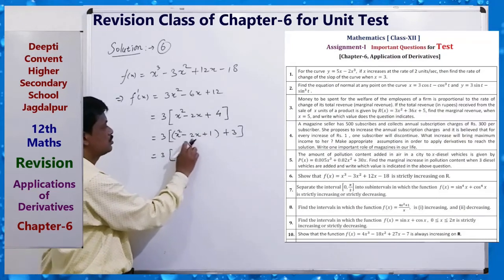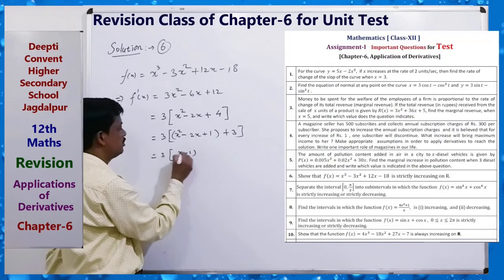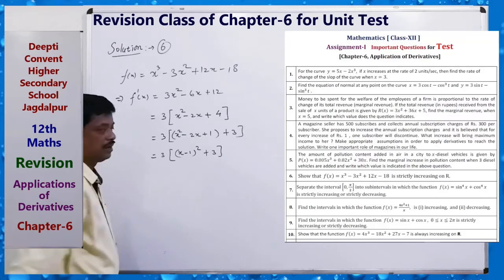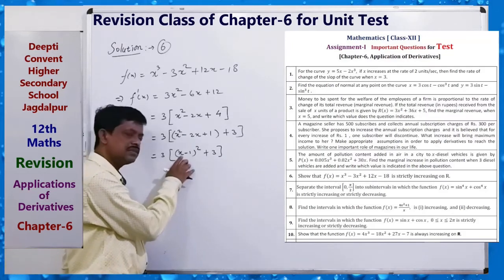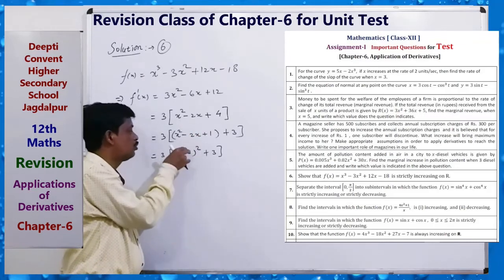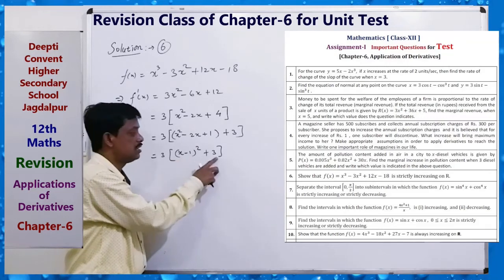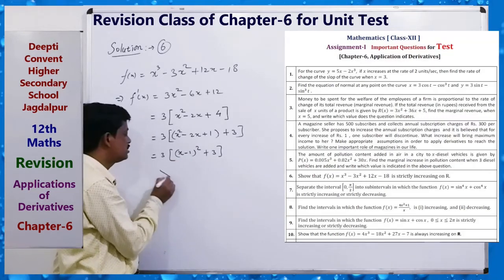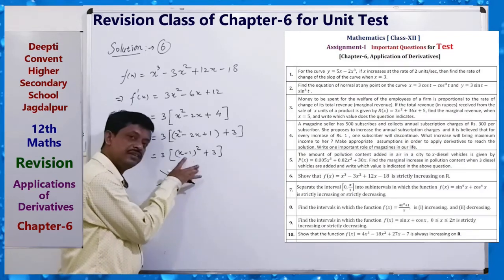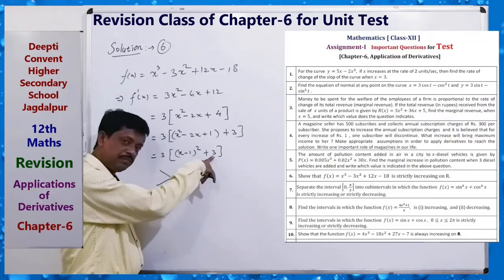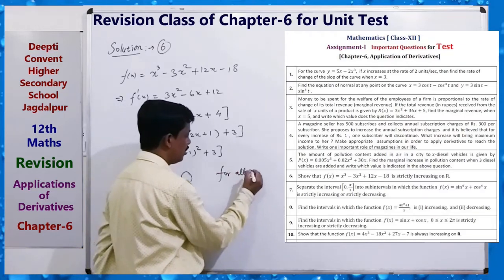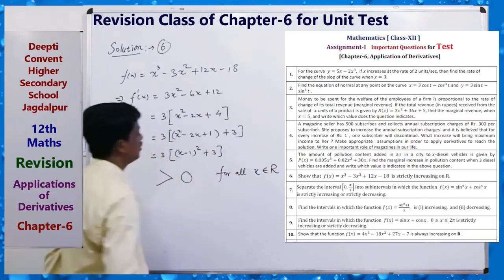So x square minus 2x plus 1 is x minus 1 whole square, so 3 times (x minus 1 whole square plus 3). Now if x is any real number, being a square, this is non-negative, and 3 is positive. If this is 0, then because of plus 3, it is still greater than 0 for all real numbers. x may be any real number.